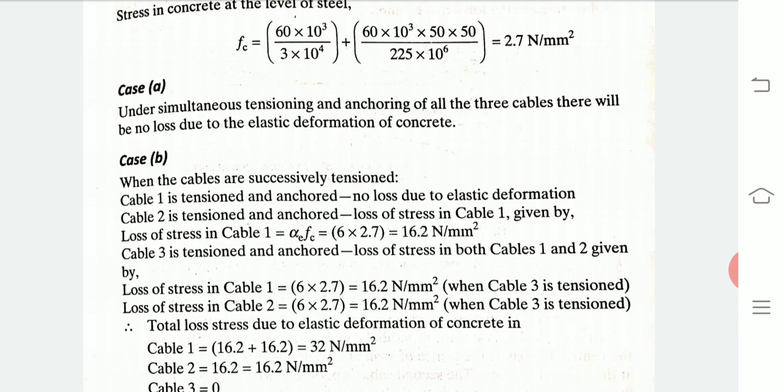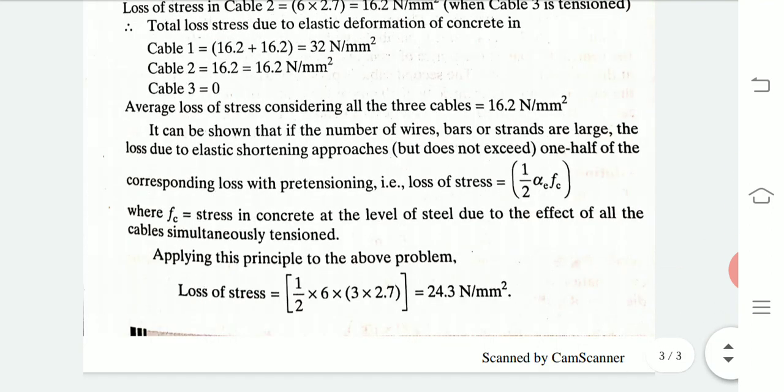So this is an example where the cables are tensioned separately and not simultaneously, hence losses occur. Whereas in case A, as the cables are tensioned simultaneously, there are no losses. So this is your second example.